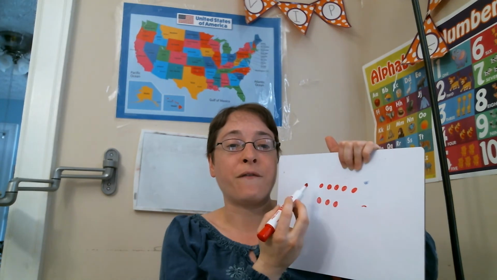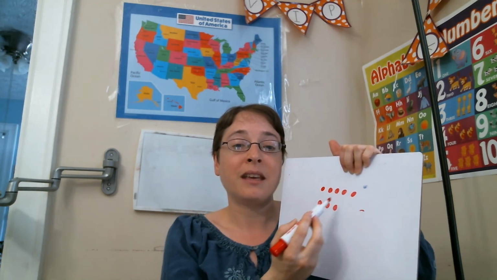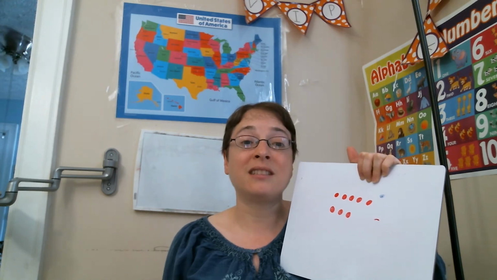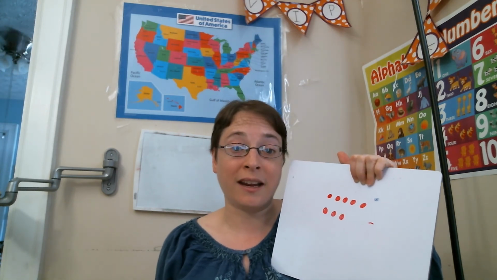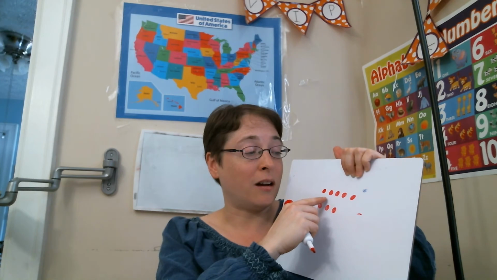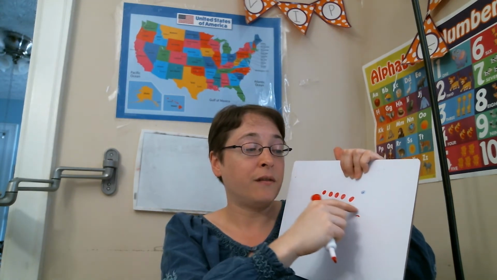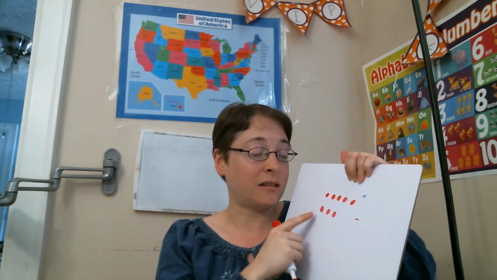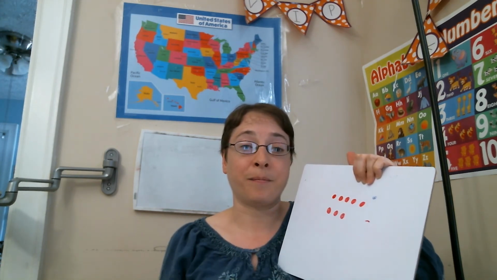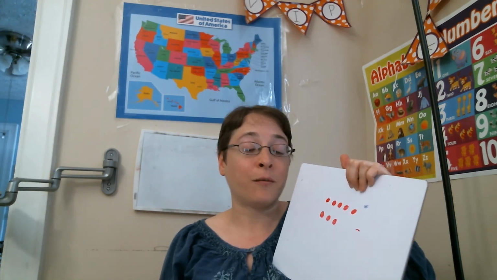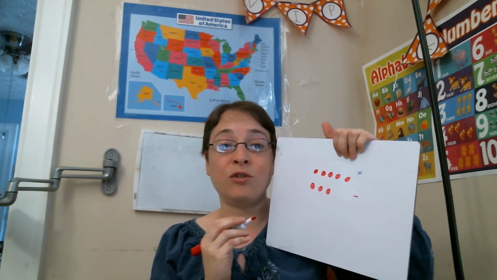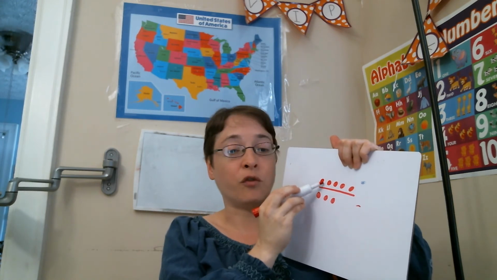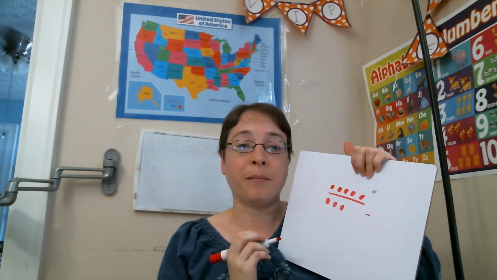You have 5 at the top and 3 at the bottom. So this is called the 5 group way because we have 5 at the top and any extra dots go on the bottom, okay? So now, let's make this into 2 groups. So I'm going to draw a line, the group on the top, the group on the bottom.